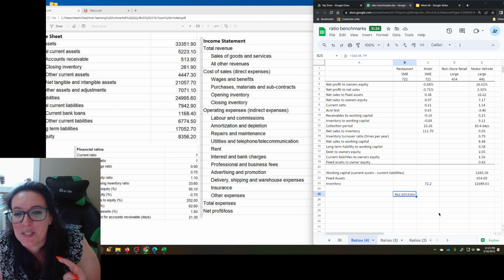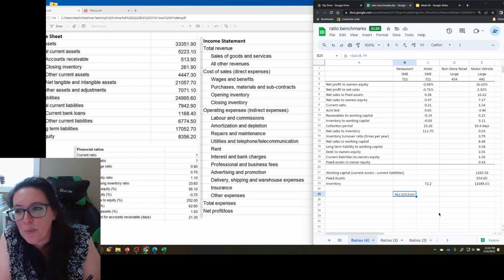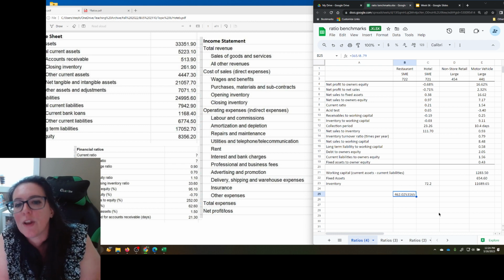Days of supply is more than a year. We can see that because the inventory turnover ratio is less than 1. So in 2021, there's an issue with vehicle production because it's not moving. They're sitting on a car for more than a year.